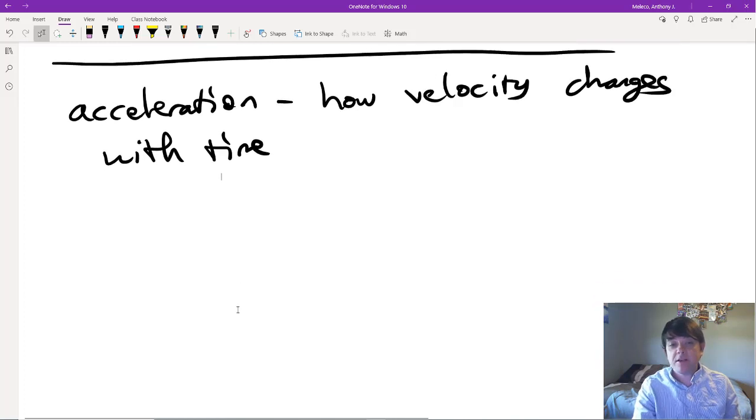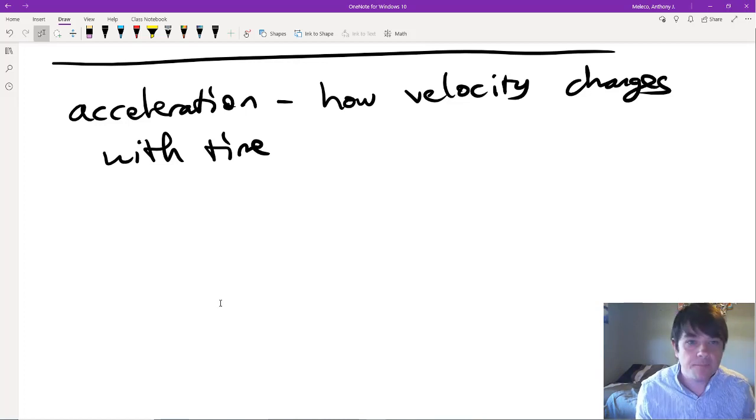There is another term beyond acceleration, how acceleration changes with time, and then how that term changes with time. It can infinitely go on, but for this class, discussion of acceleration is the only thing that's needed.